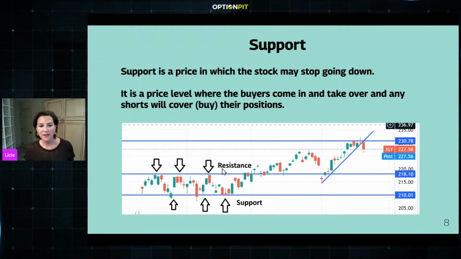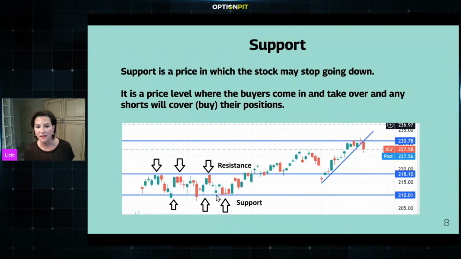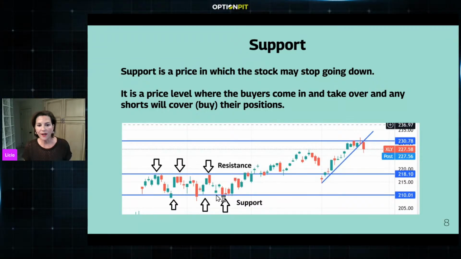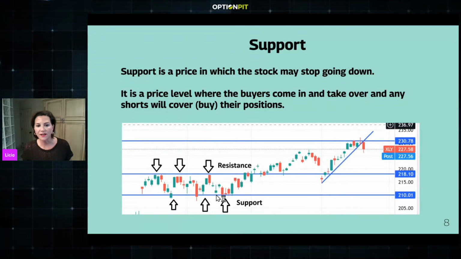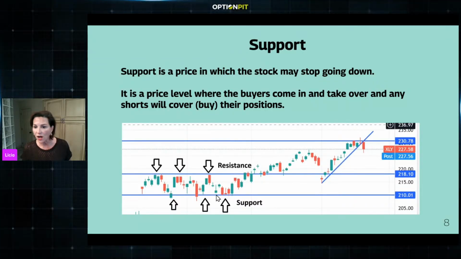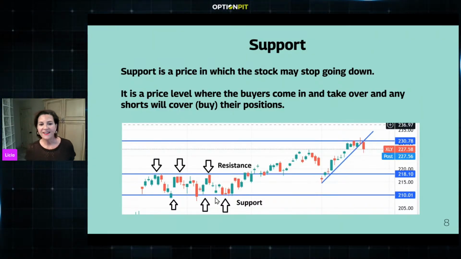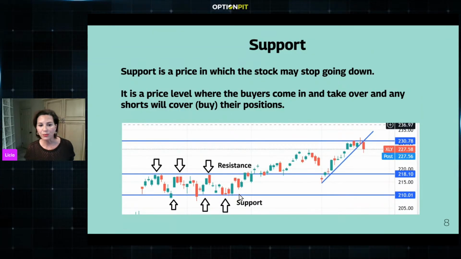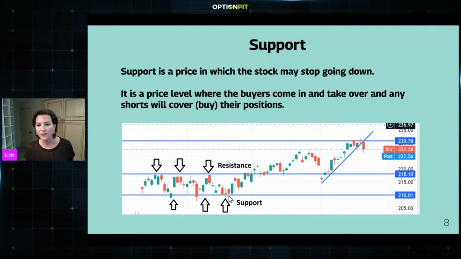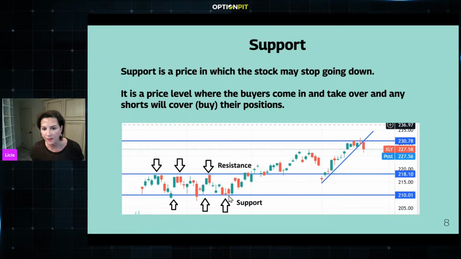So the support level, the 210.01, is where the buyers come in. They're all sitting there, waiting for that stock to trade at that level. Everybody's watching the same movie, right? Well, smart ones are. The smart ones see this as a support level and they're buyers there. The stock has proven itself to bounce from there before, rally from there before.